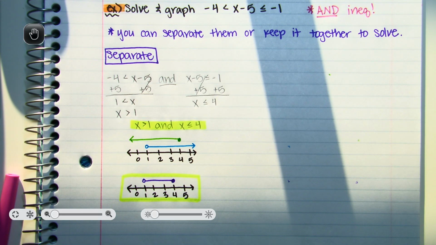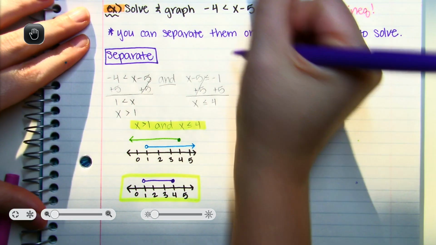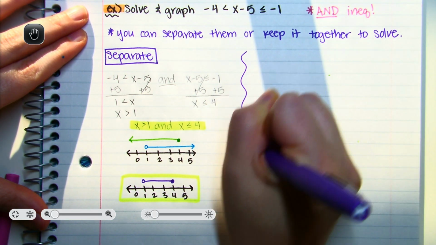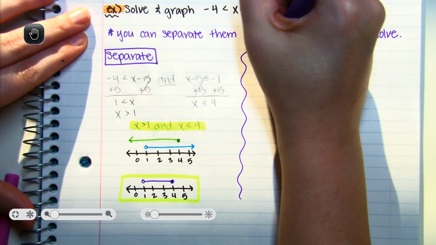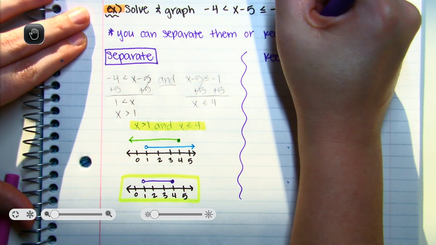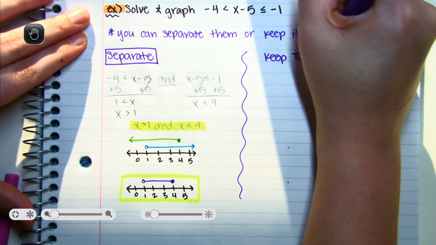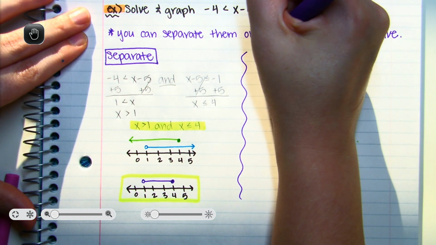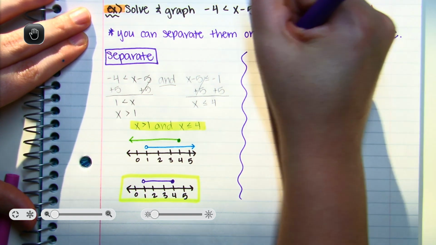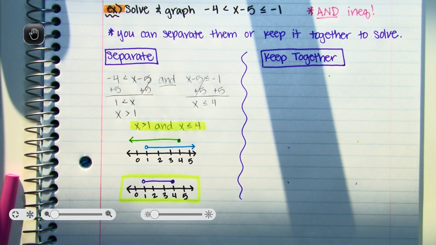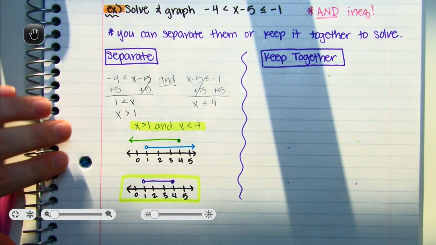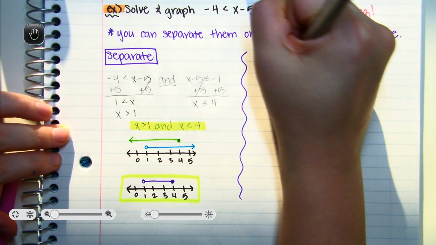All right, now let's look at how we solve this when we keep it together. So instead of separating this into two separate inequalities, I'm going to leave it as the negative 4 over there.